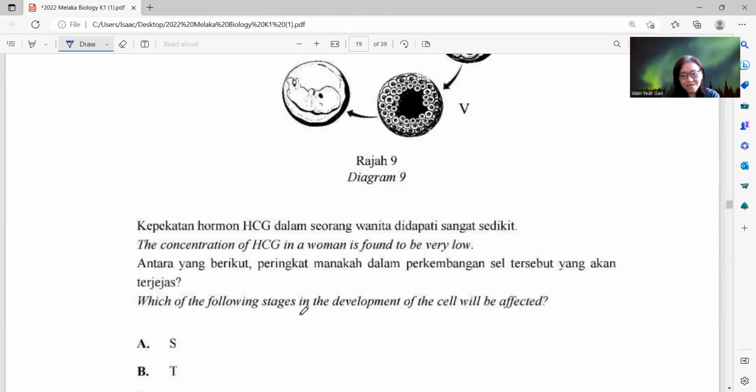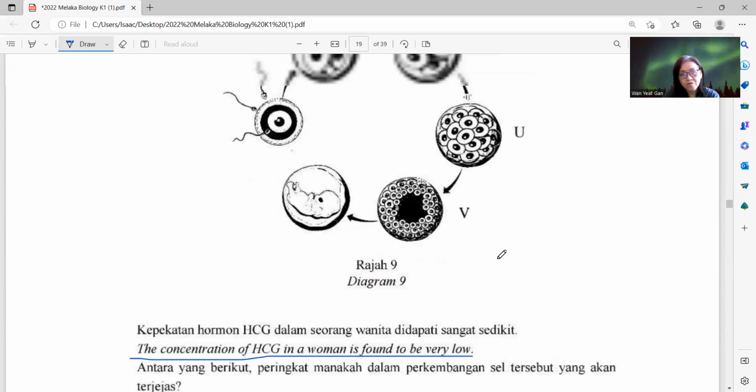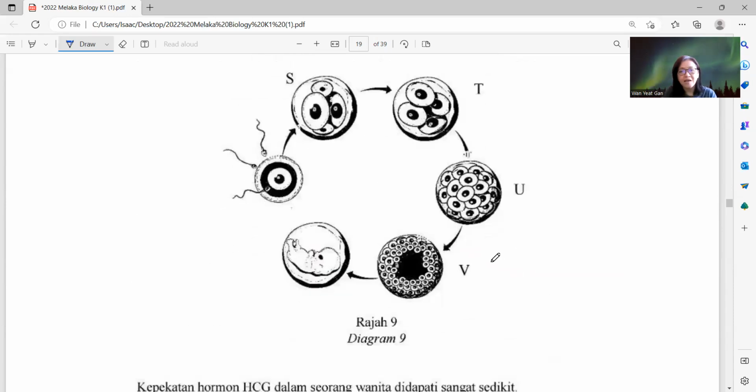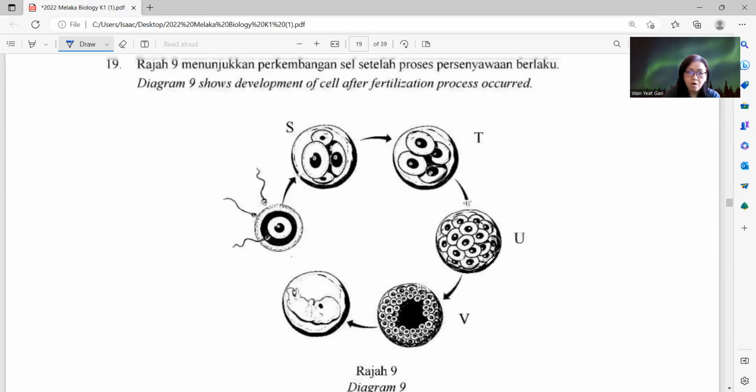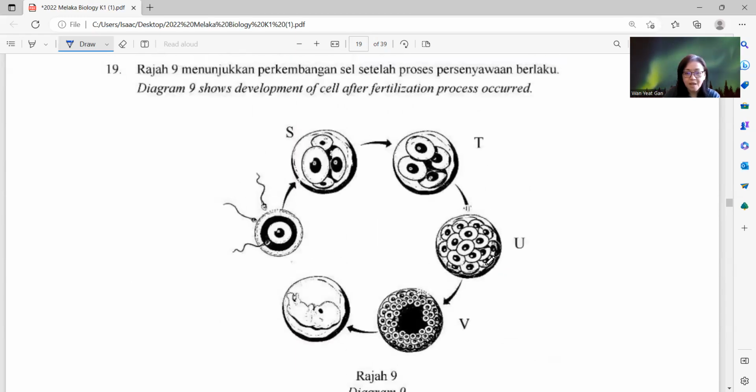Which of the following stages in the development of the cell will be affected if the concentration of HCG is found to be low? Okay, so here HCG is like LH that helps to maintain the corpus luteum.